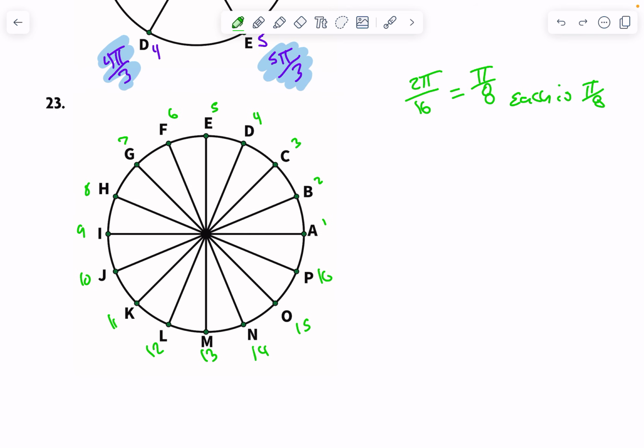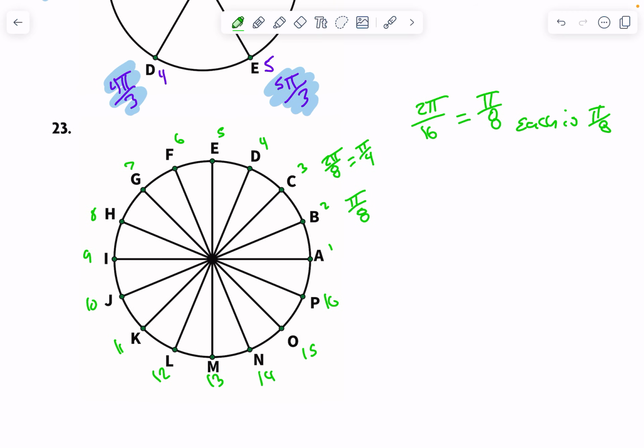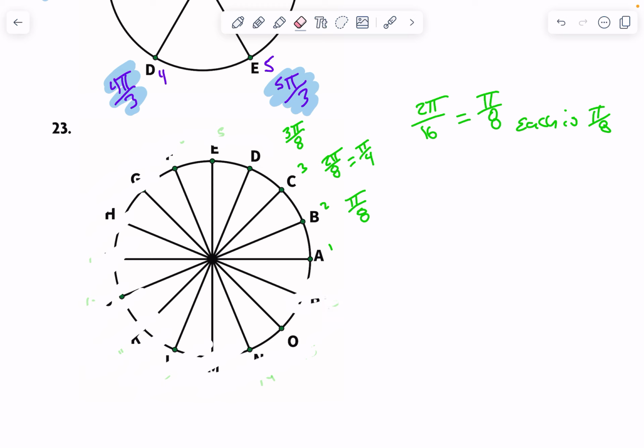So at B, technically B is the first one. So at B, we are going to call this pi over 8. And the next one is 2 pi over 8, which is just equal to pi over 4. So 1 pi over 8, 2 pi over 8, and then 3 pi over 8. I'm going to actually erase these because I think they're going to confuse more than they're going to help us.